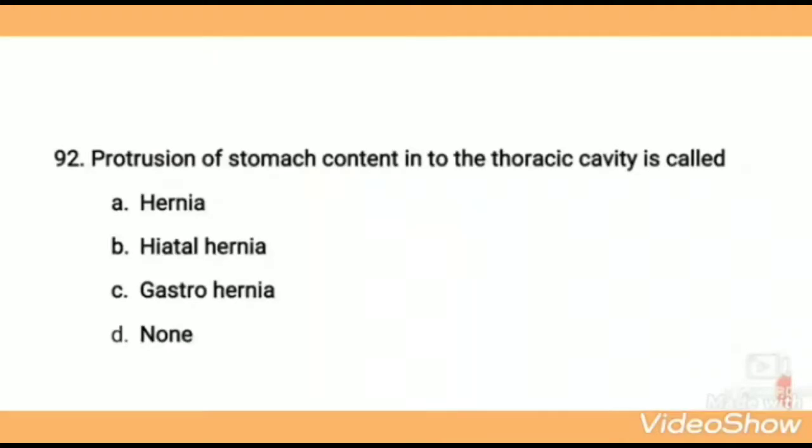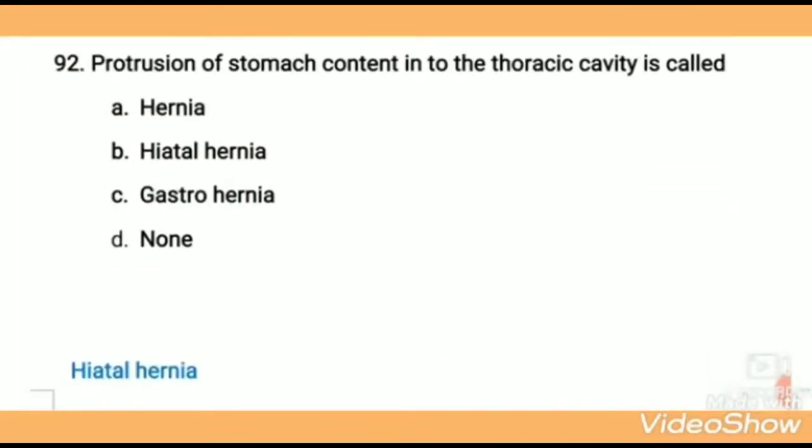Protrusion of stomach content into the thoracic cavity is called hernia, hiatal hernia, gastrohernia, or none? So, the correct answer, protrusion of stomach content into the thoracic cavity is called hiatal hernia. Next question.